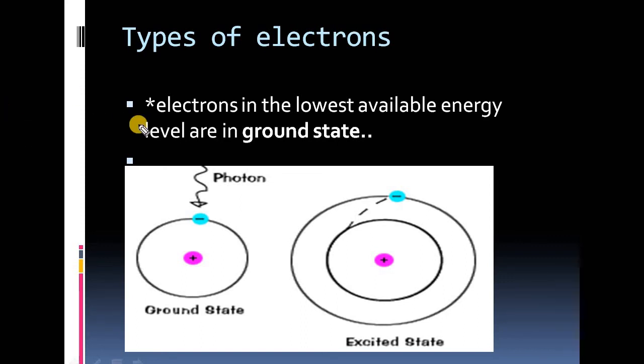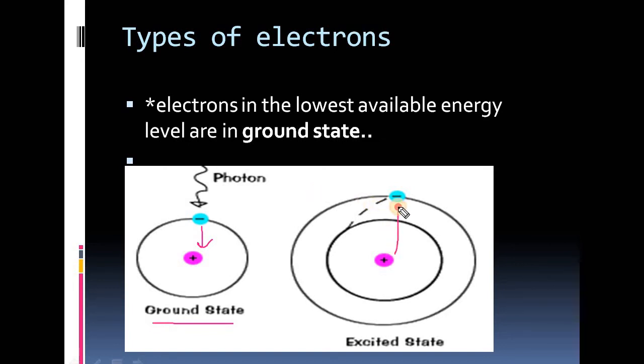Now we have two types of electrons. Those electrons that are closer to the nucleus are called electrons in ground state. What's the meaning of ground state? That they are at their lowest energy level.